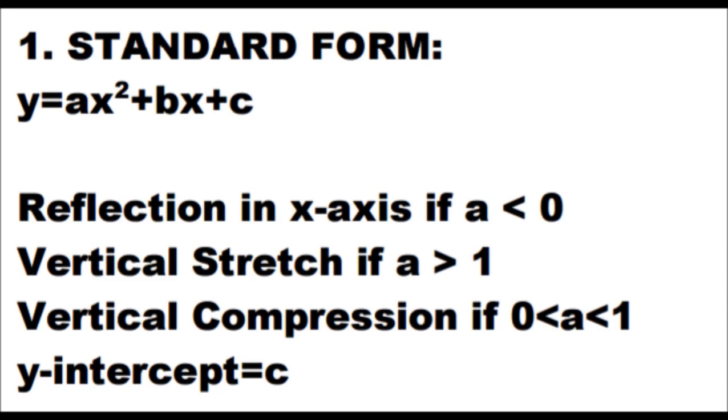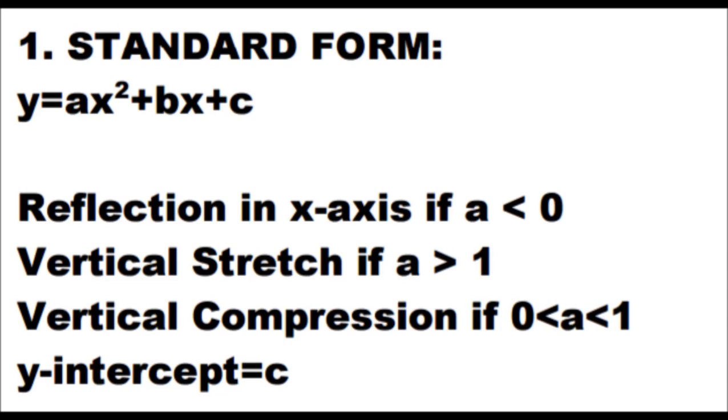So in this equation, we see that there are certain rules to this. So in the standard form, when a is less than 0, then it is a reflection on the x-axis. And if a is greater than 1, then there's a vertical stretch.